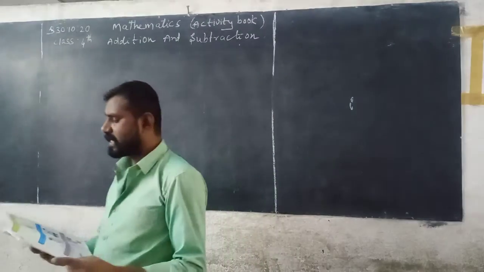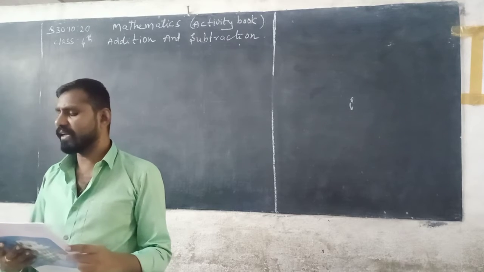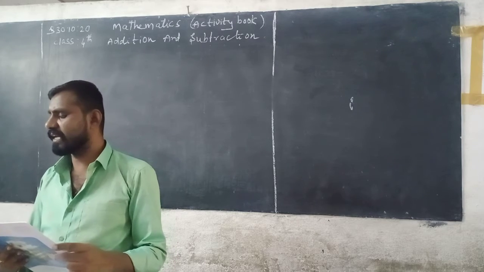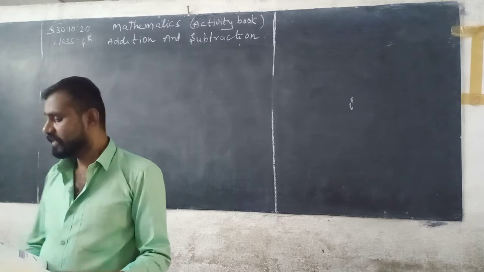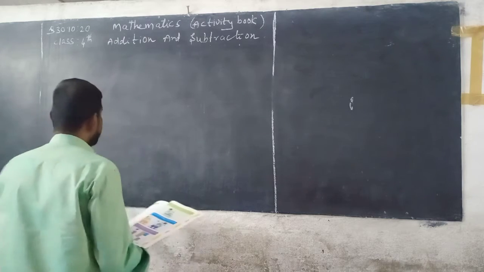Now next, arrange the numbers from 1 to 9 along the sides of the triangle such that the sum of the numbers along each side is the same. Use each number only once.